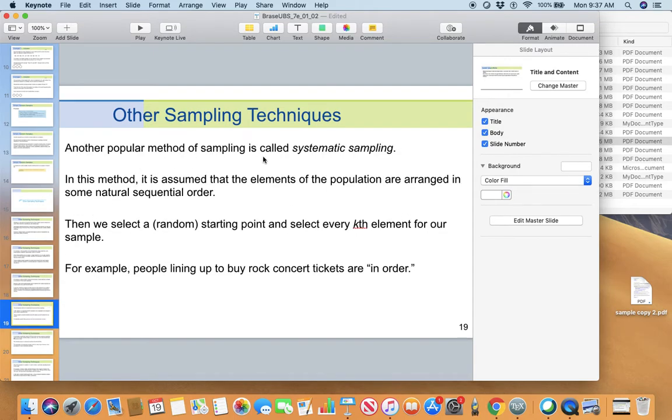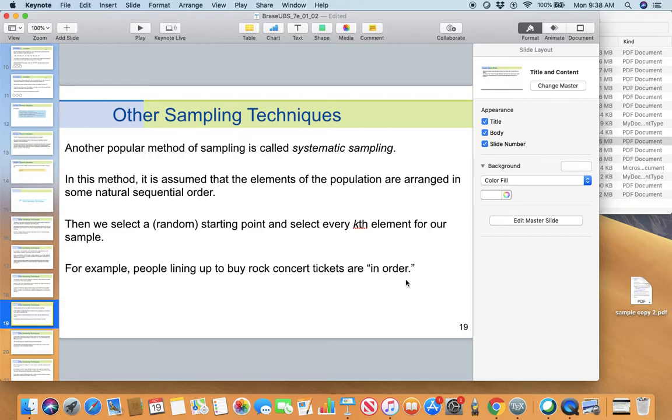Another popular method of sampling is called systematic sampling. In this method, it's assumed that the elements of the population are arranged in some natural sequential order. Then we select a random starting point and select every kth element for our sample. For example, people lining up to buy rock concert tickets are in order. Say you have only 10 tickets and you have 120 people lined up. So you are going to be able to give tickets to only 10 people. What would you do?